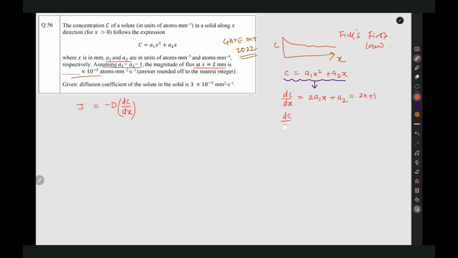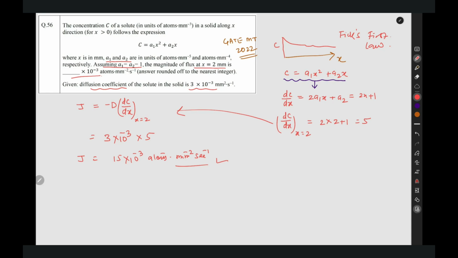Concentration gradient dc by dx at x equal to 2 is 2 into 2 plus 1. It's 5. Now putting up the values, diffusion coefficient of the solute is given as this one. So it will be 3 into 10 to the power minus 3 into dc by dx at x equal to 2, which is 5. So it will be 15 into 10 to the power minus 3 atoms per meter square per second.